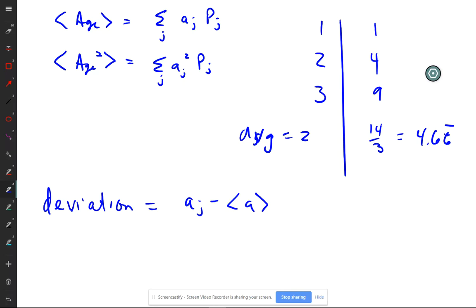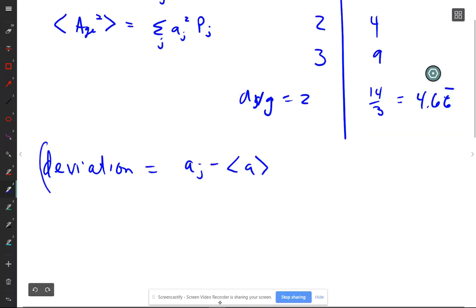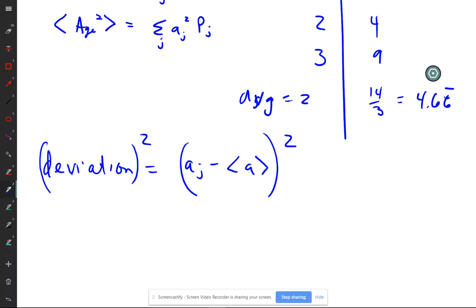And so instead of finding the average of this, what we do is find the average of the deviation squared. So we'll find the average of that, and then for the standard deviation, you square root it. This here, by the way, is called the variance. Well, it's called the variance when you take the average of it.